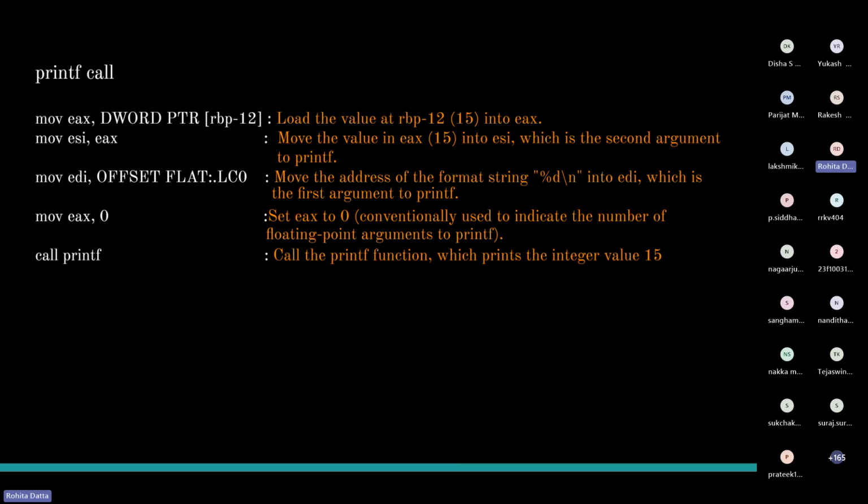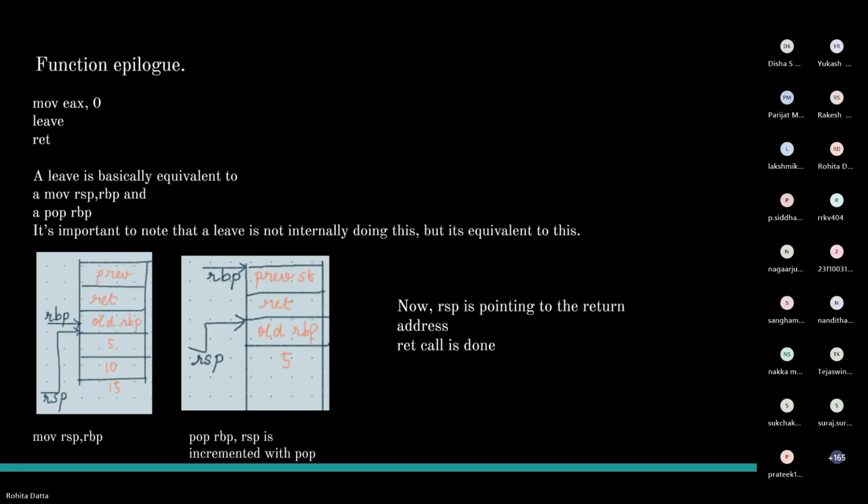And then that's your printf call. EDI gives it the first argument, %d. ESI gives it the second argument, 15. And then your function epilogue: whatever space was allocated initially is now deallocated, and you're done.